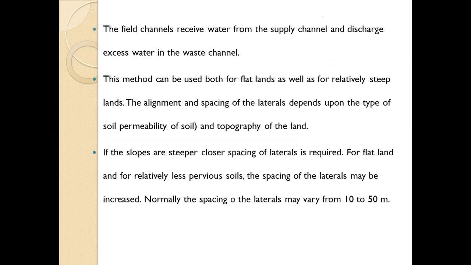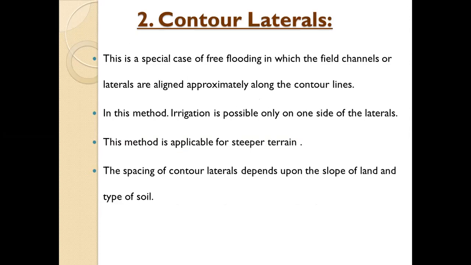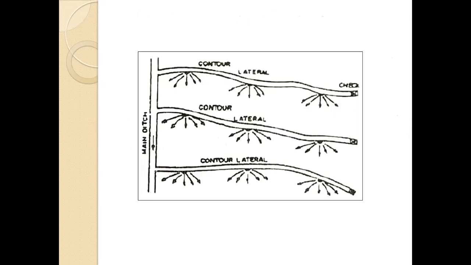In free flooding, irrigation of both sides of the laterals is possible, but in contour laterals, irrigation is only possible on one side. This method is applicable for steeper terrain, and the spacing of the contour laterals depends on the slope of the land and the type of soil. This figure shows the contour laterals.